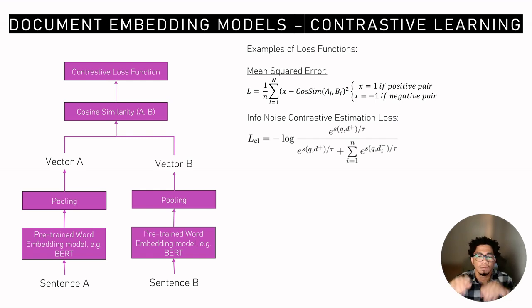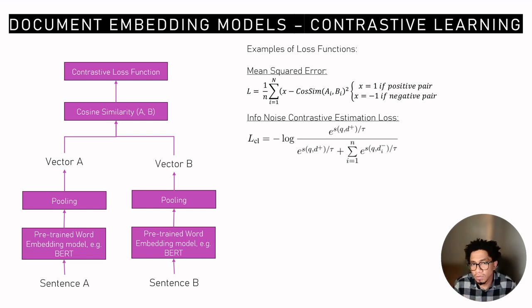So obviously, those sentences will go through these two. So you have vector A, vector B will have a cosine similarity. If that is close to 1, then yeah, your loss is quite low, right? But if it's far from 1, let's just say it's -1, then you have a huge loss, right? And then the model then updates the parameters to ensure that those two vectors are close together.